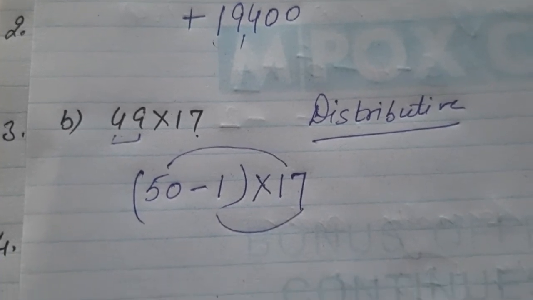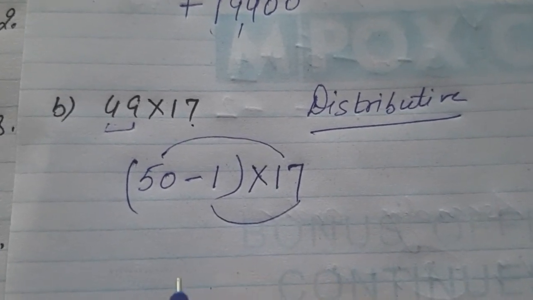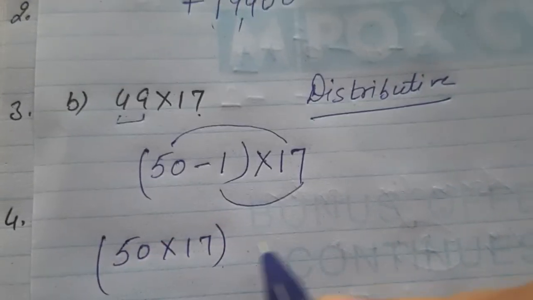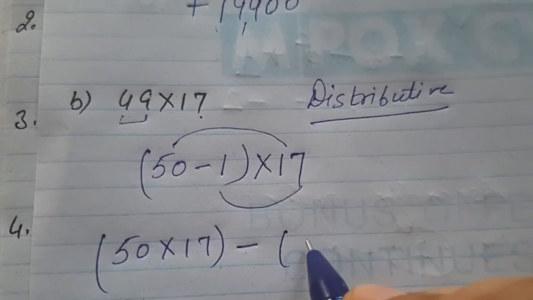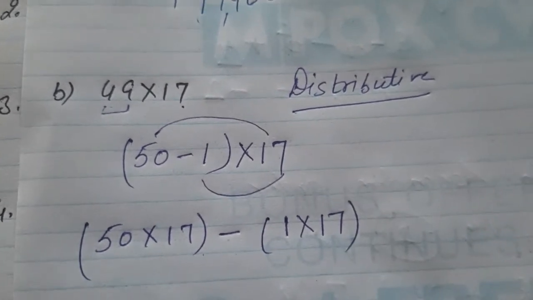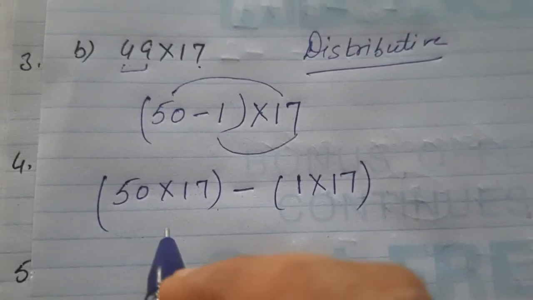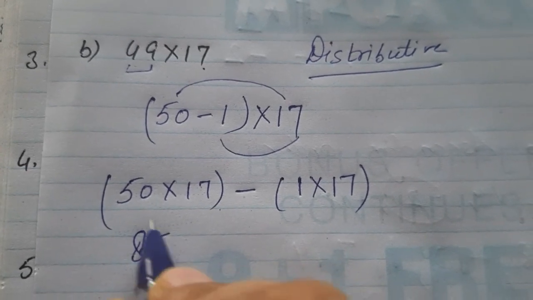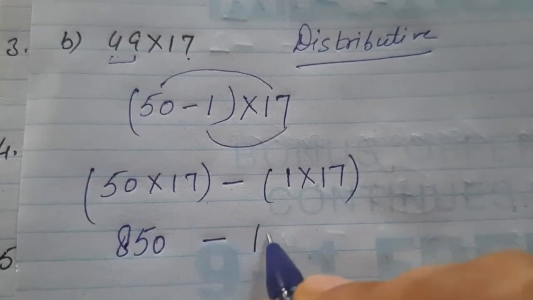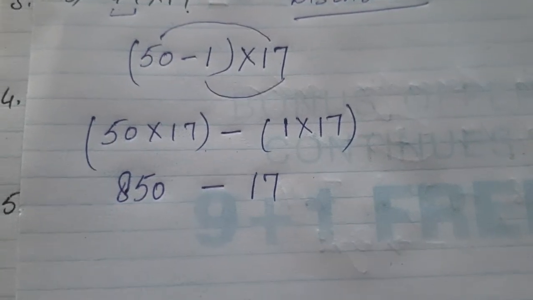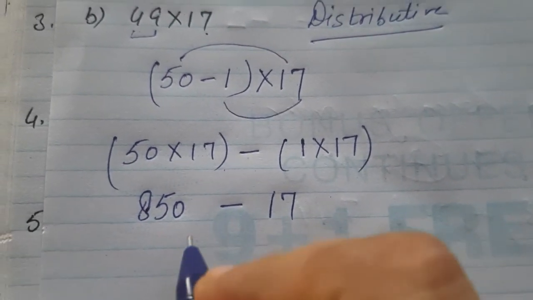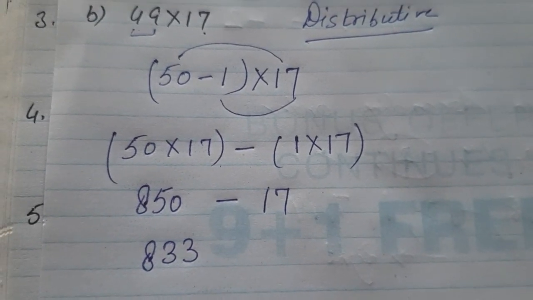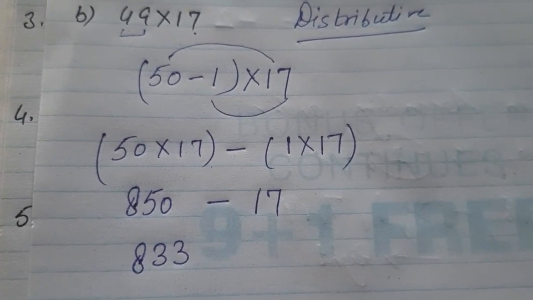So it will be the distributive property of multiplication over subtraction. 50 multiplied by 17 within one bracket minus 1 into 17. Now 17 fives are 85 and a 0 will come here, minus 17. Now we will subtract it. It comes out to be 833. I hope you understand it. Thank you so much.